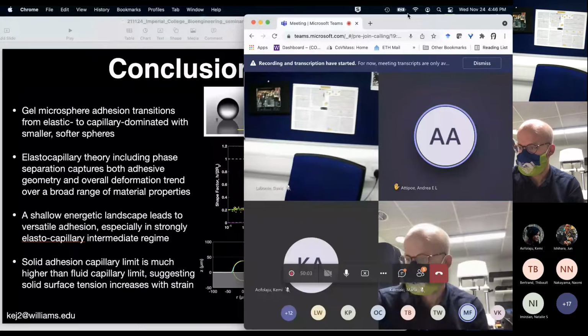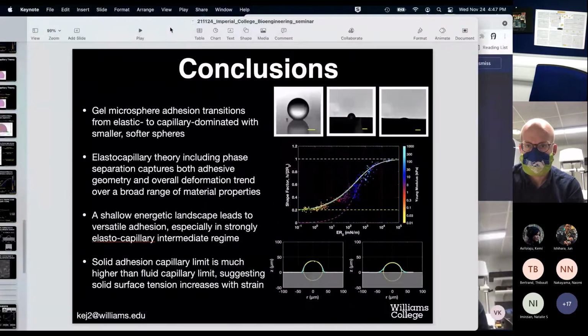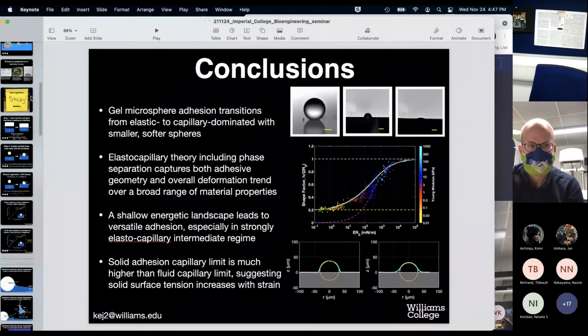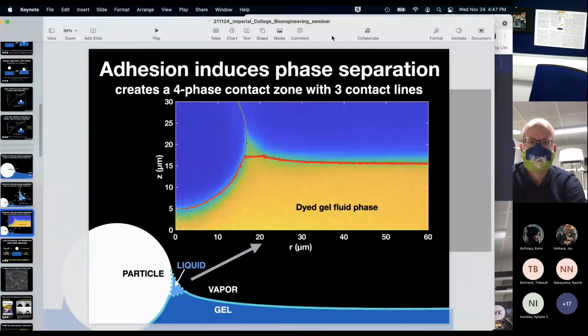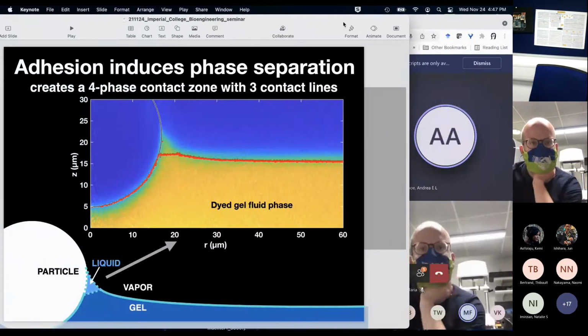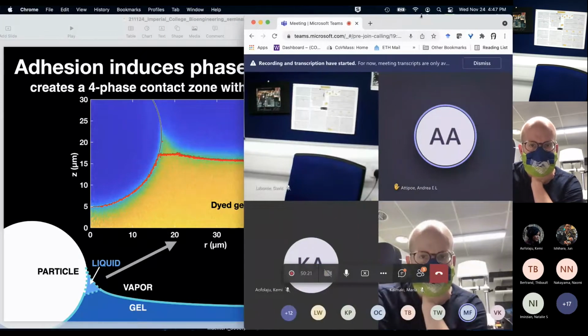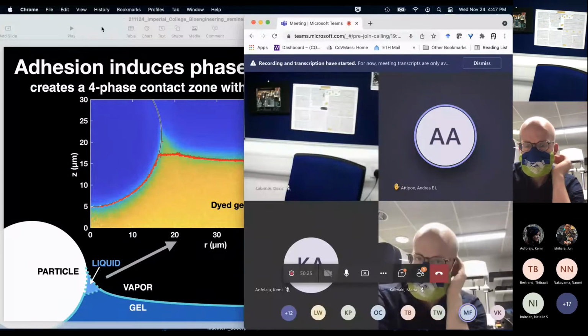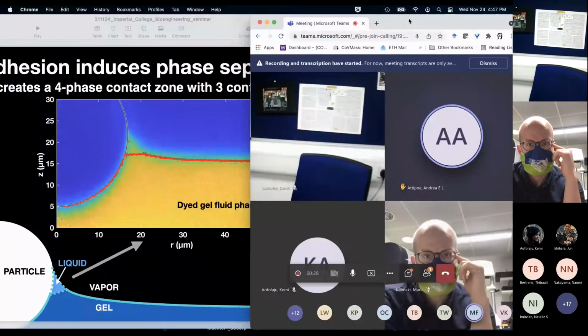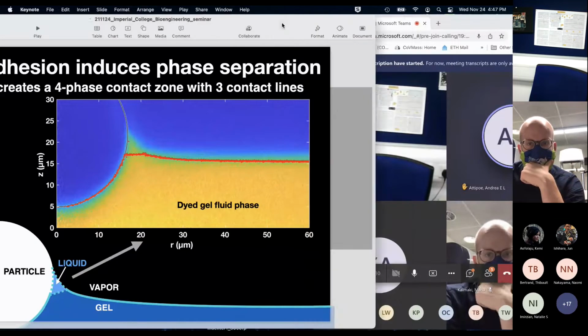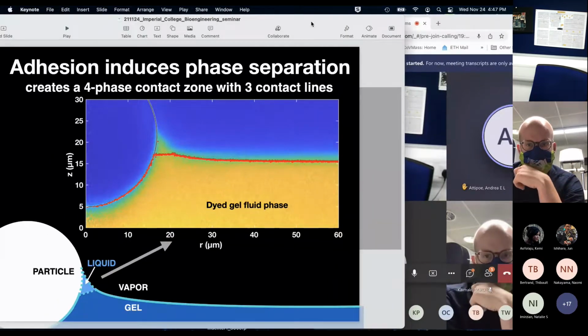I wasn't quite sure regarding the role of the liquid in your samples in particular. I'm not quite certain I understand whether there always is some part of the polymer that has stayed uncross-linked in liquid, if that only happens for very soft samples, and how that influences where the excess adhesion is happening. In particular, I'm curious whether you know where DMT sits on this very nice curve that you showed between capillary adhesion and JKR.